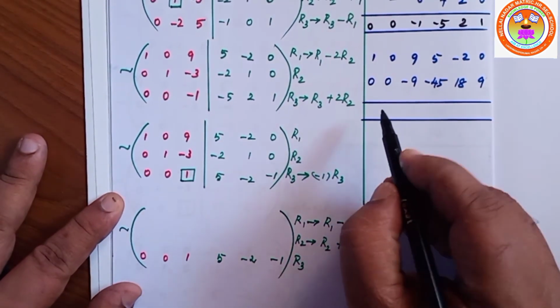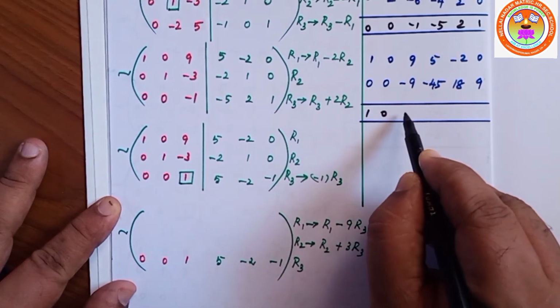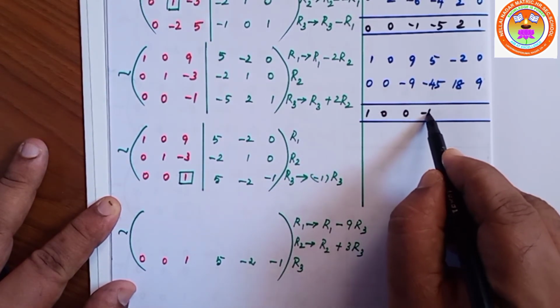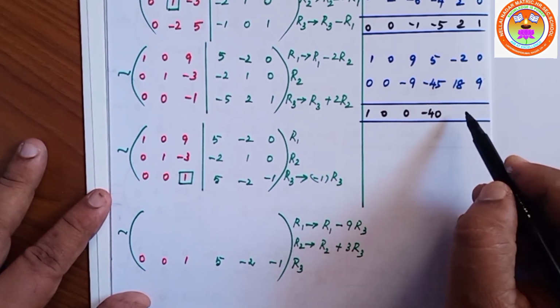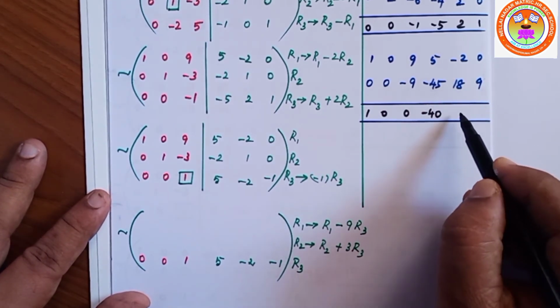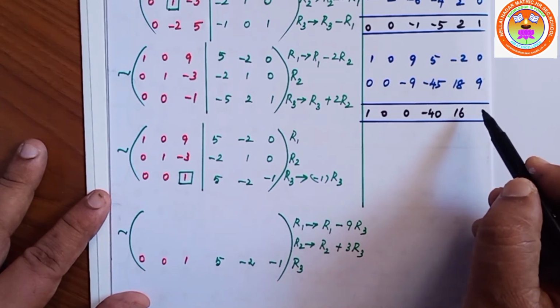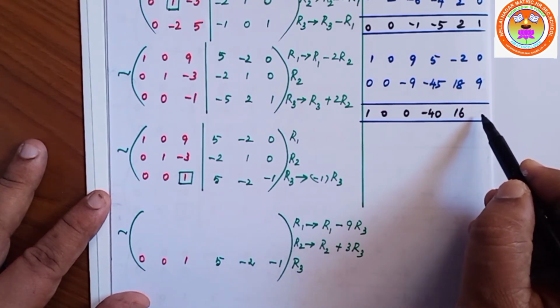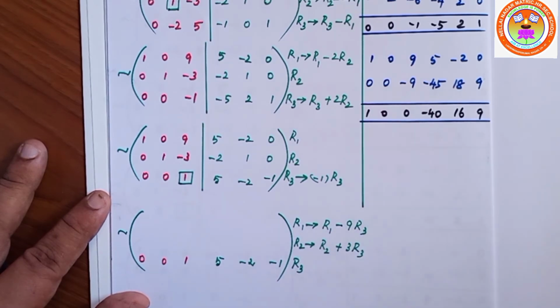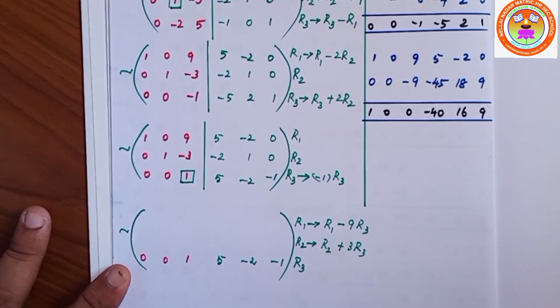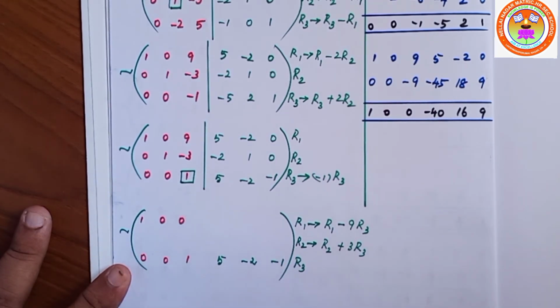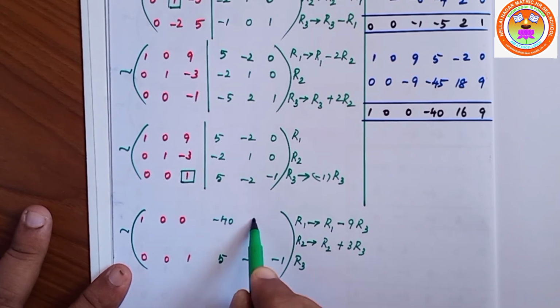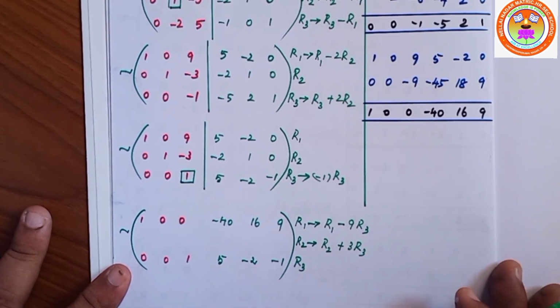So what's the answer? 1 plus 0 is 1, 0 plus 0 is 0, minus 9 plus 9 is 0, 5 minus 45 is minus 40, minus 2 plus 18 is 16, and 0 plus 9 is 9. So 1 0 0, minus 40 16 9.